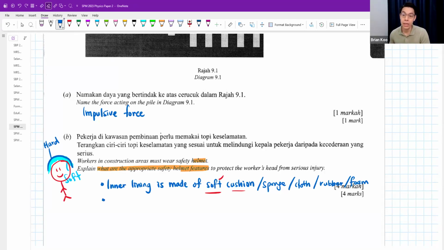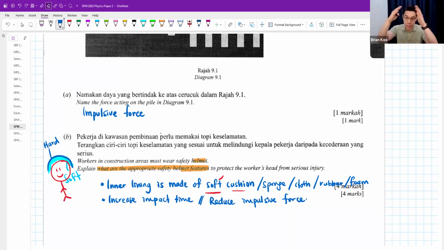Because it is used to increase impact time, so that if anything falls on my head, it will sink in with more impact time, or reduce impulsive force. You can write both, but if you write either one already, you get 2 marks for the inner side.